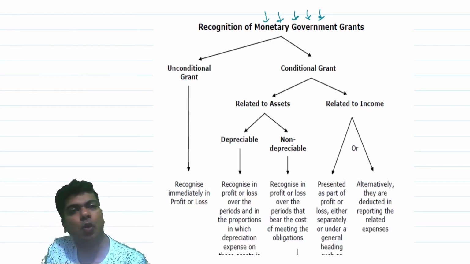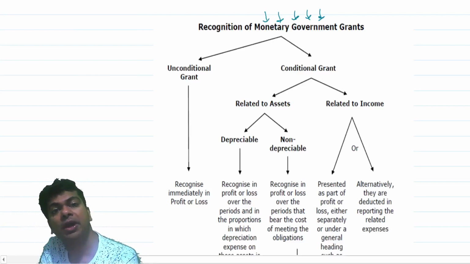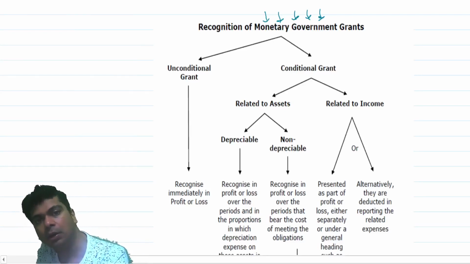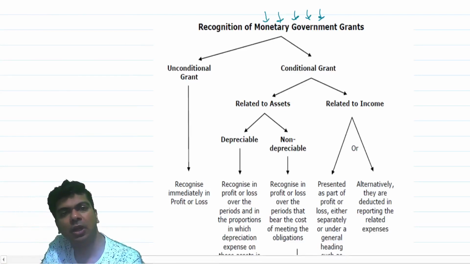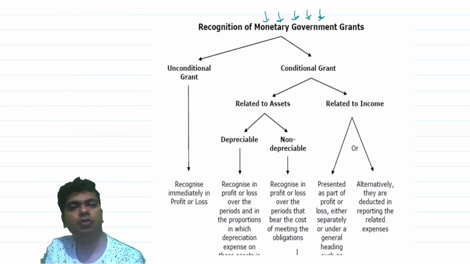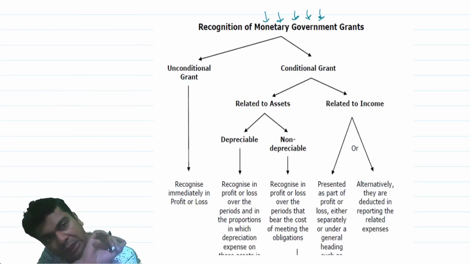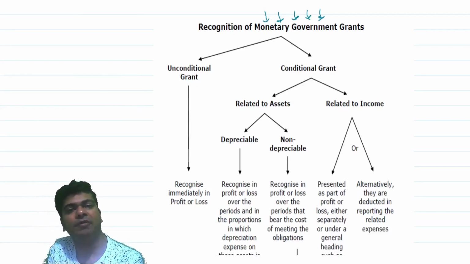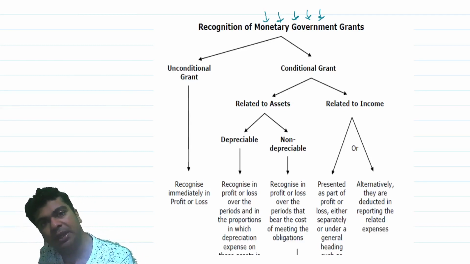But what if you are receiving a grant with no conditions attached at all? It is an unconditional grant. If you are receiving an unconditional grant, the grant that you have received should be immediately recognized as income in your statement of profit and loss. Just credit it to the P&L.